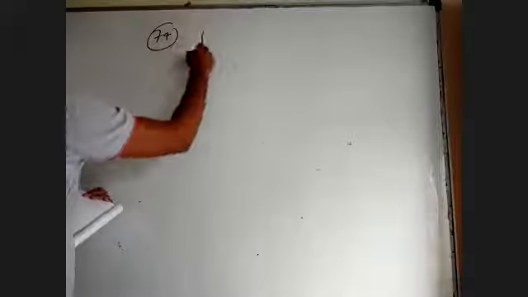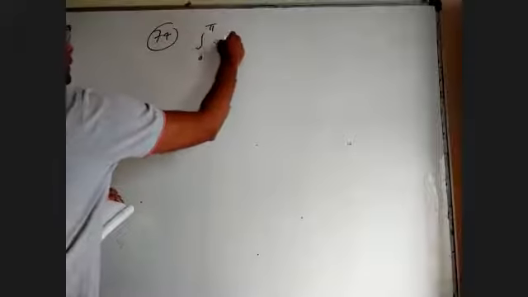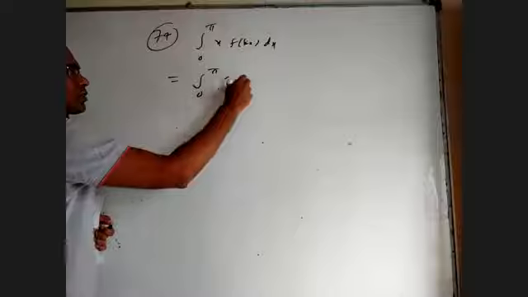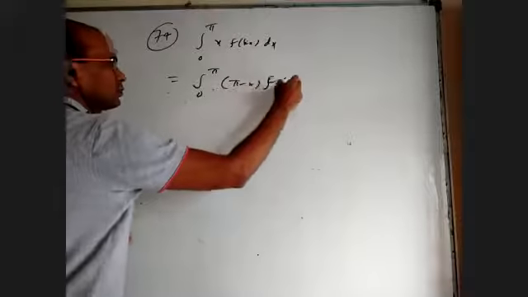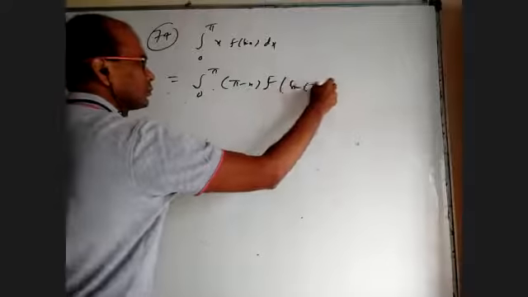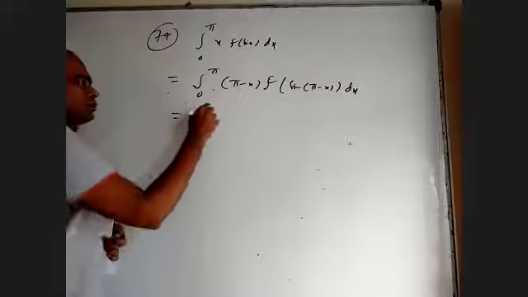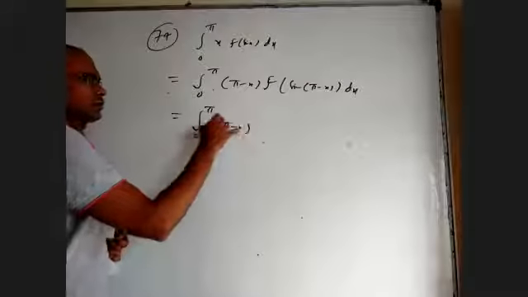Okay, 74: integral 0 to pi x f of sin x dx. Replace x with pi minus x. Wherever x is there, you can write pi minus x. Integral 0 to pi, this is pi minus x.